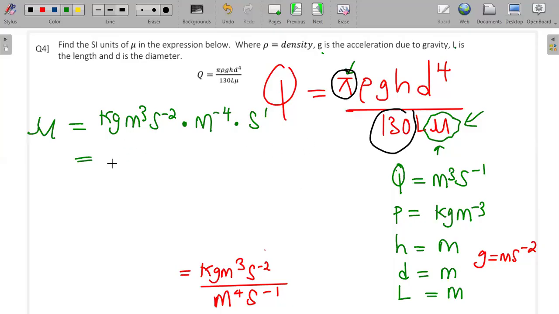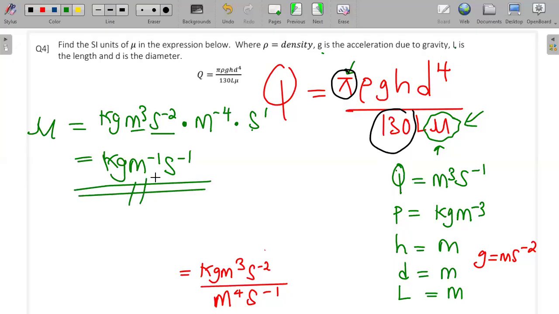I combine the m's and the s's. So m^3 times m^-4 will just be m^-1. And then s^-2 times s^1 will just be s^-1. So these here are the derived units for mu, which represents the viscosity.